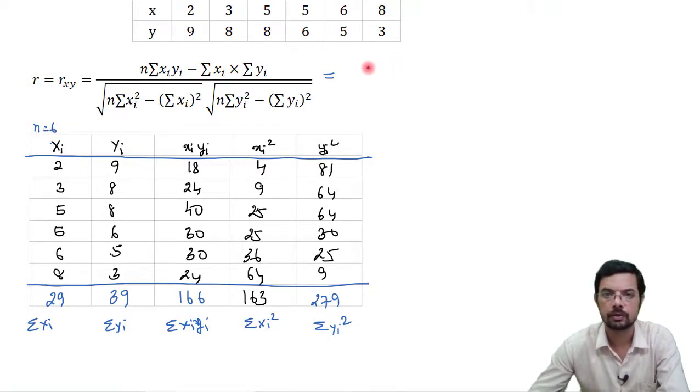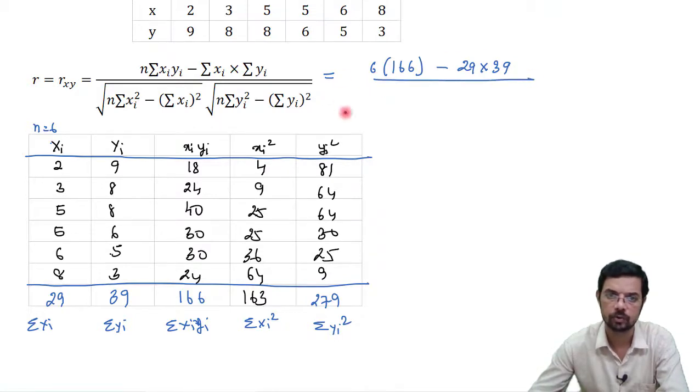We shall put all these values: 6 into sigma xi yi, which is 166, minus sigma xi, which is 29, into sigma yi, that is 39, divided by the square root of n, which is 6, into sigma xi square, which is 163, minus sigma xi whole square.